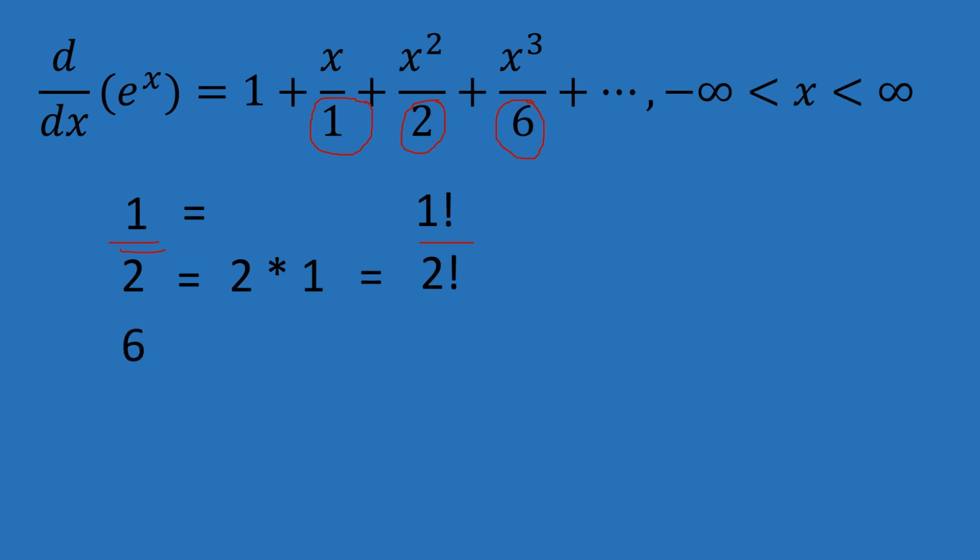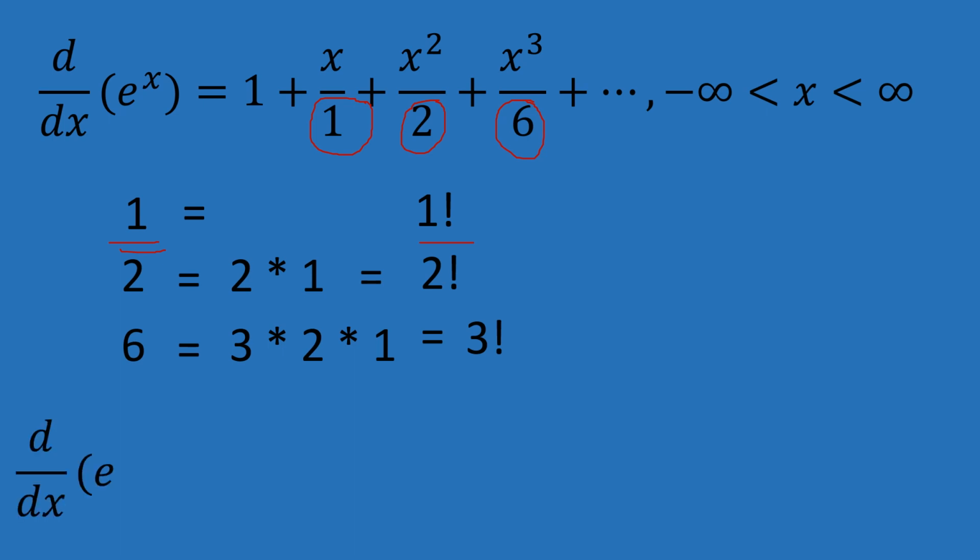And 6, which is the other denominator there, is equal to 3 times 2 times 1, which is equal to 3 factorial. So we will be expressing the above differentiation, and then of course the denominators in the form of factorial.